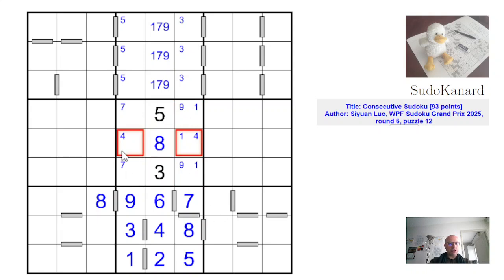We're left with 2 and 6. And 6 is not next to the 5. And 6 is not next to the 7. And because 6 is not next to the 7, 6 won't be here either, because here it would be next to a 7. So the places for 6 are here.